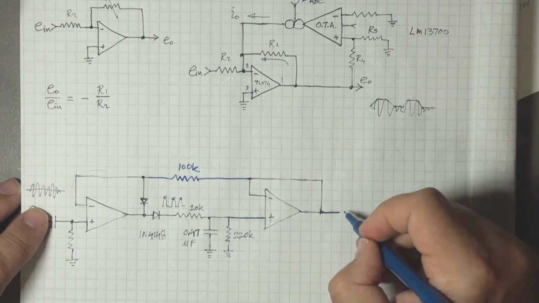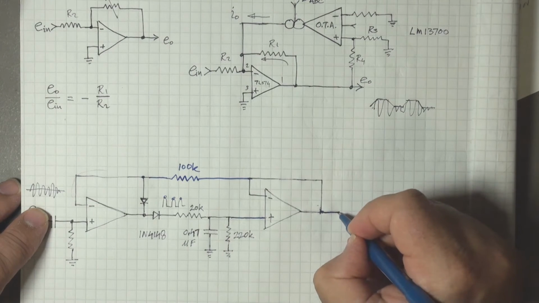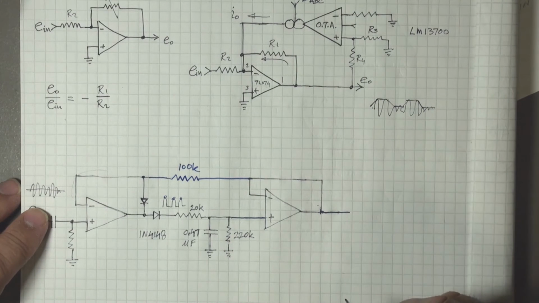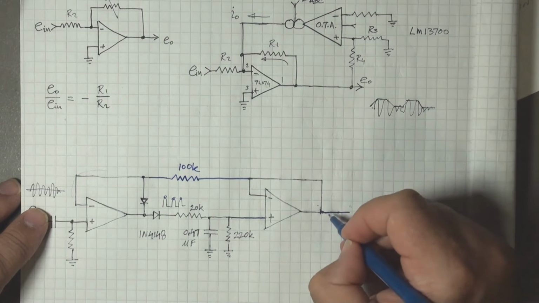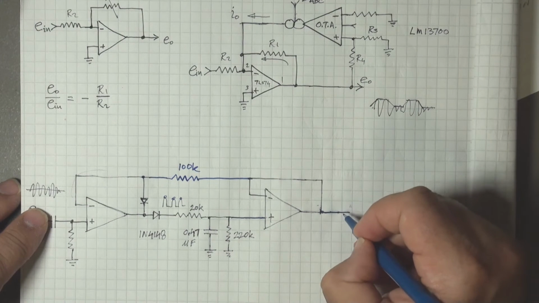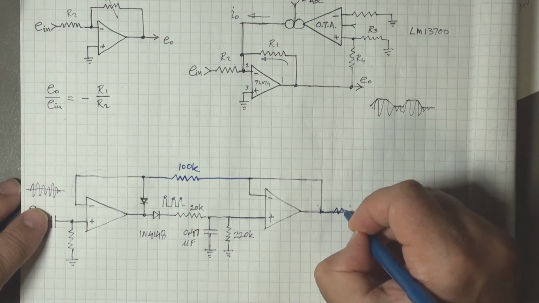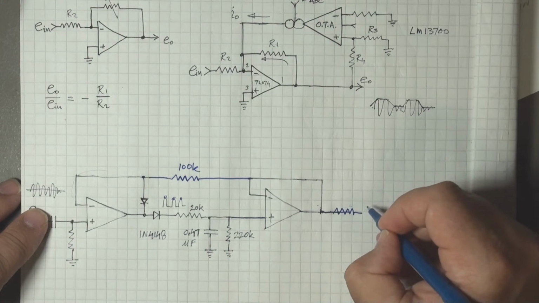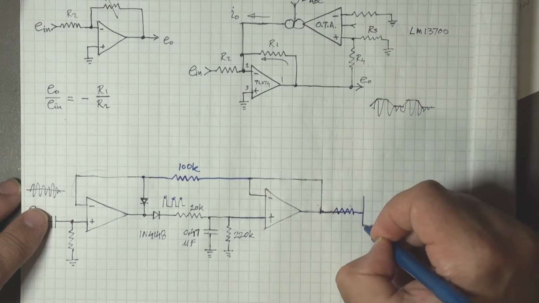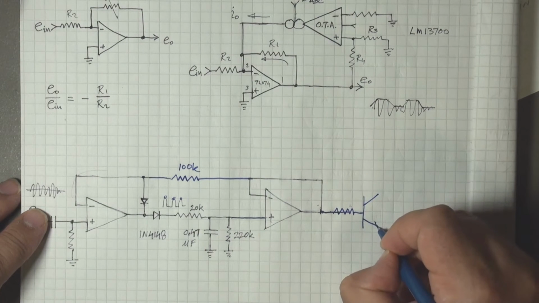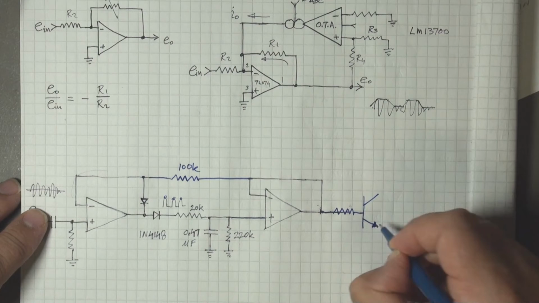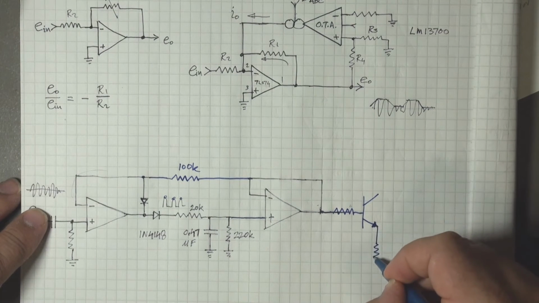Well, we're going to feed it into a transistor through a resistor, and another resistor to ground.